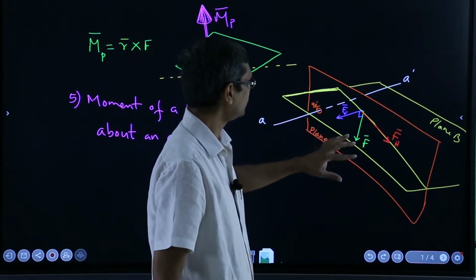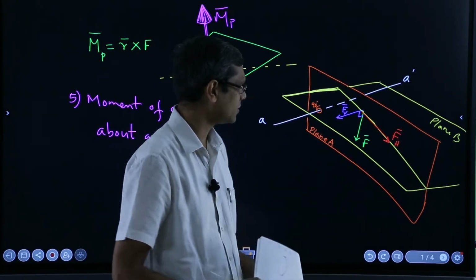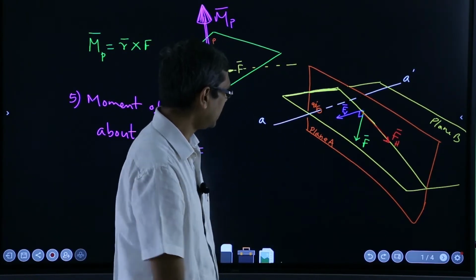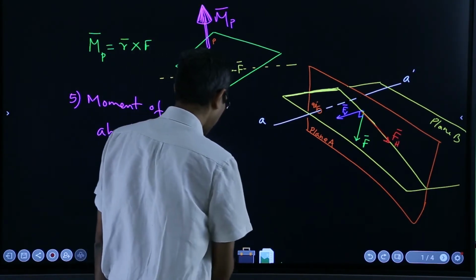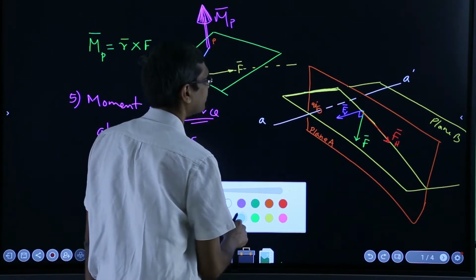Now, these are the three components into which we have systematically resolved F. But then we get a distance here.